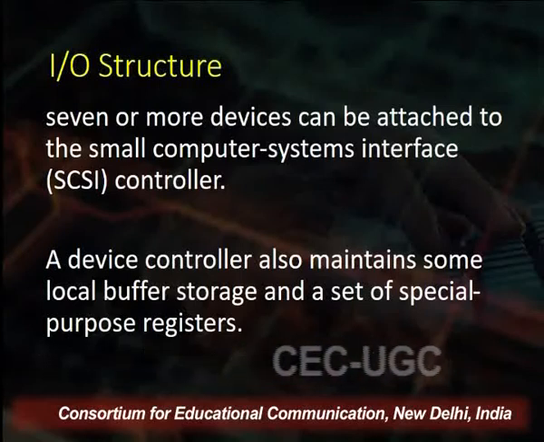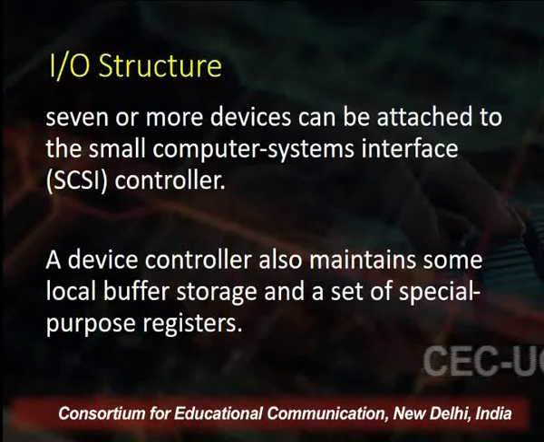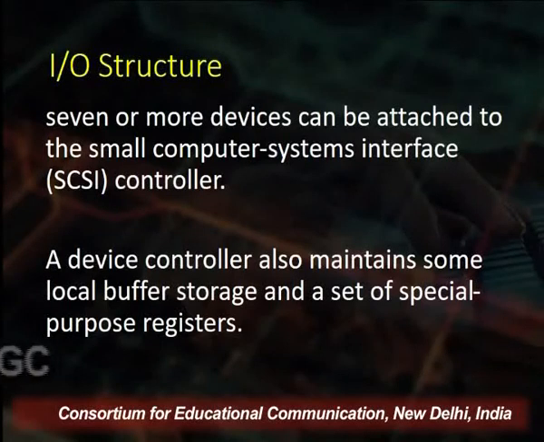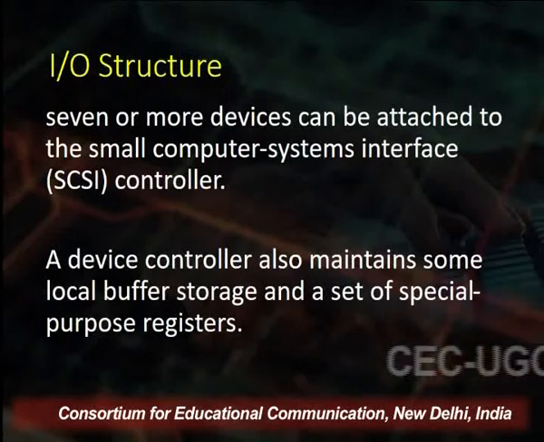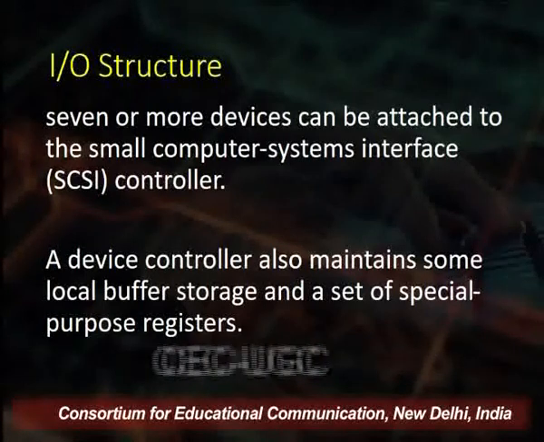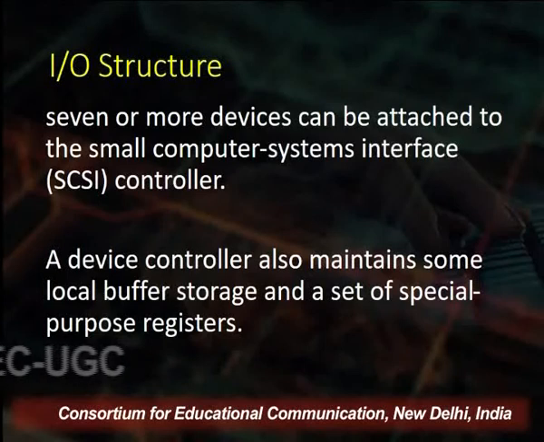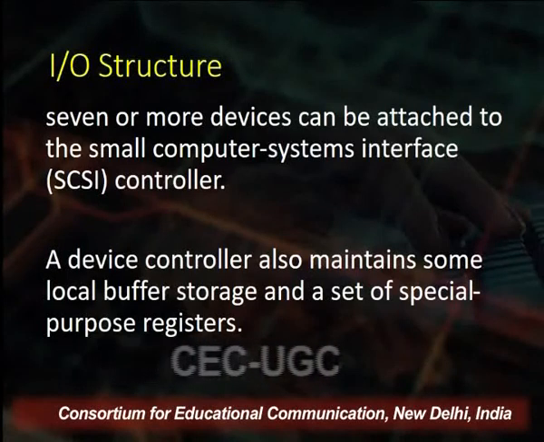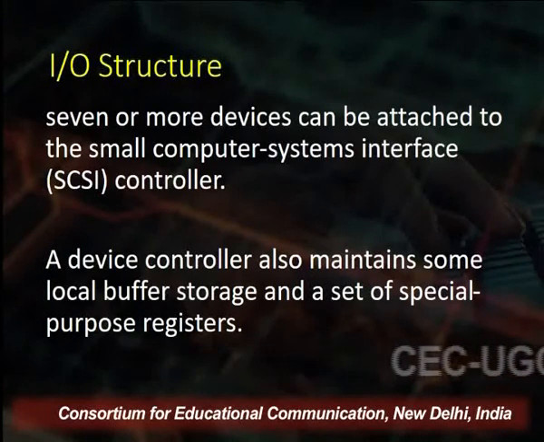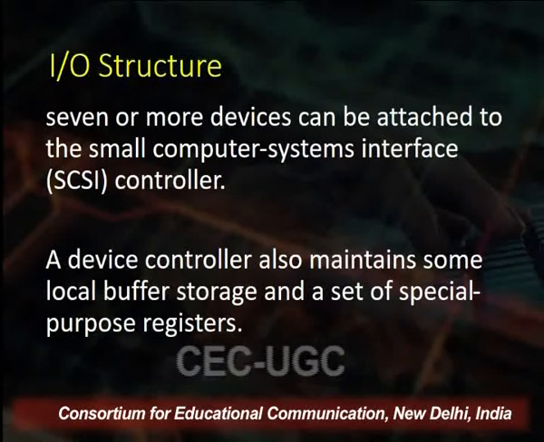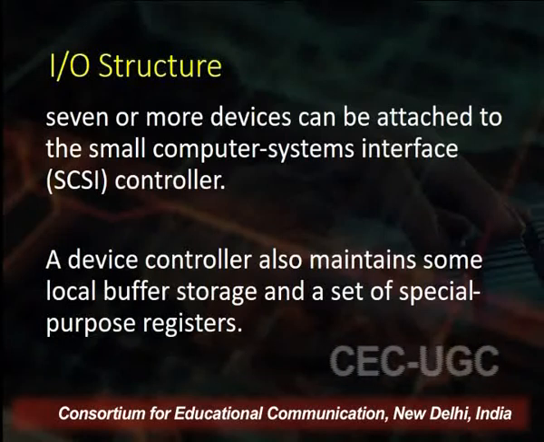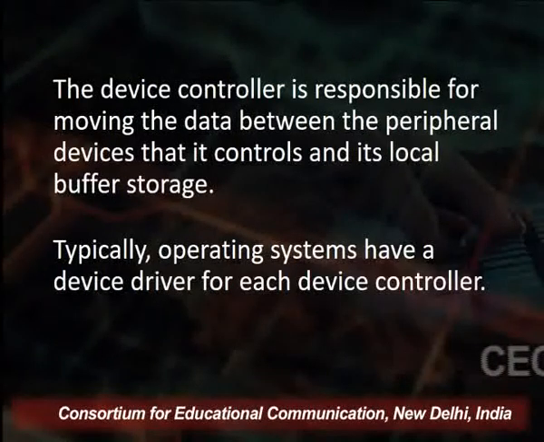Because multiple devices are connected to this controller, the device controller also has some local buffer storage of its own and a set of special purpose registers. So the device controller maintains some storage in the form of a local buffer and also a set of special purpose registers.